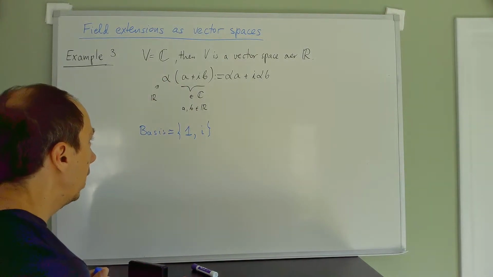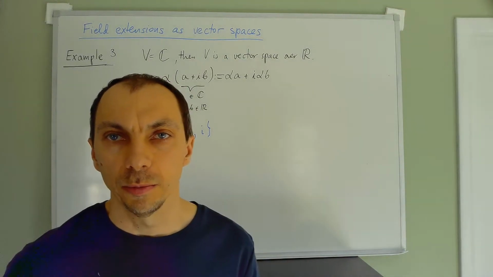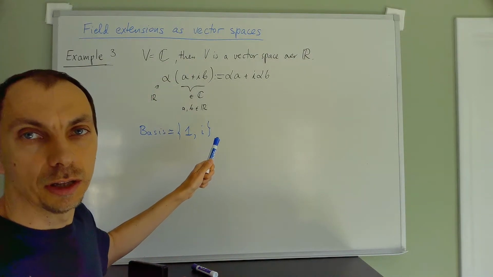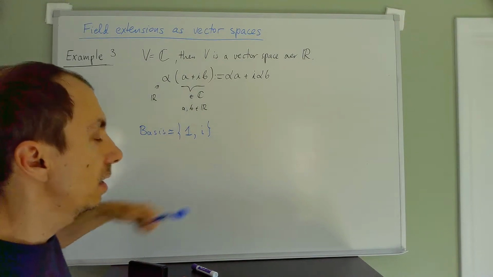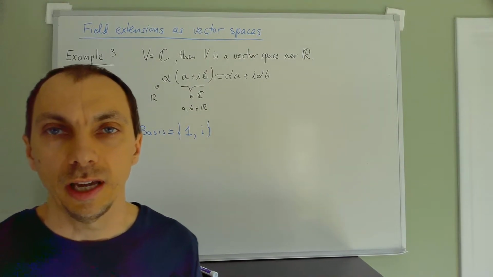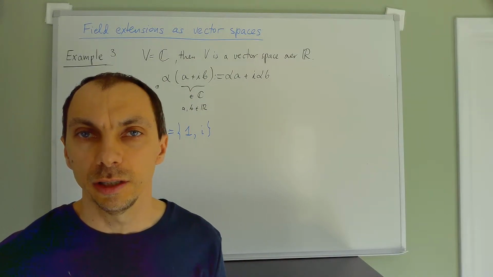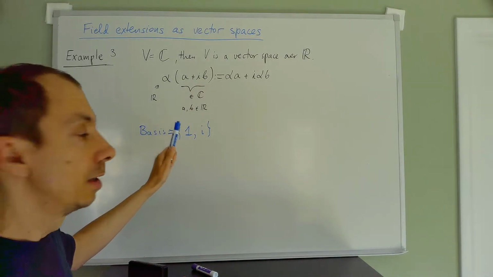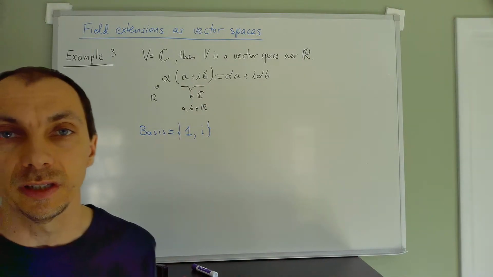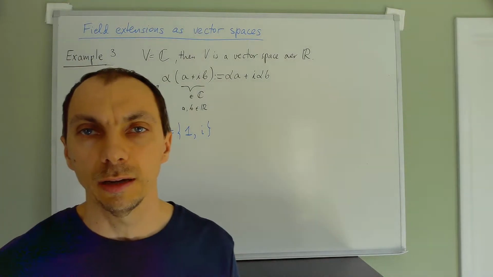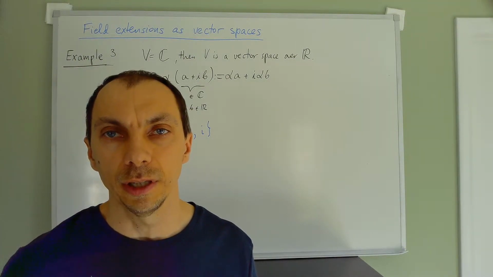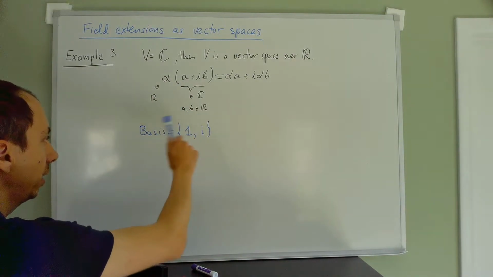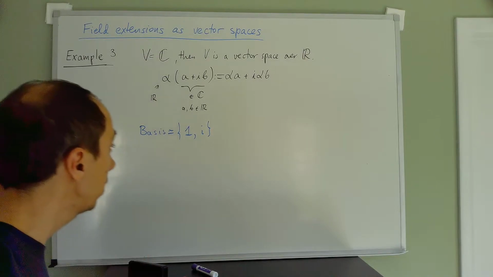And now you agree with me that every complex number can be written as a real number times 1 plus a real number times i. So that means this is a spanning set. On the other hand, it's also linearly independent, because if I write alpha times 1 plus beta times i to be 0, and alpha and beta are only allowed to be real, the only way for this to happen is if alpha and beta are both 0. So this set is both a spanning set and it's also linearly independent, so it's a basis.